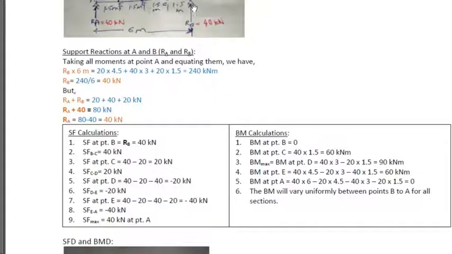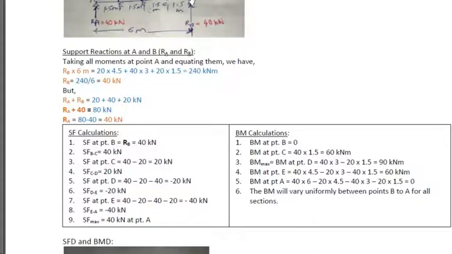So BM at point B is equal to 0. Then BM at point C is because of this 40 kN load. So BM at point C is equal to 40 multiplied by the distance between this 40 and this point C, which is 1.5 meters. So this comes to 60 kilonewton meter.